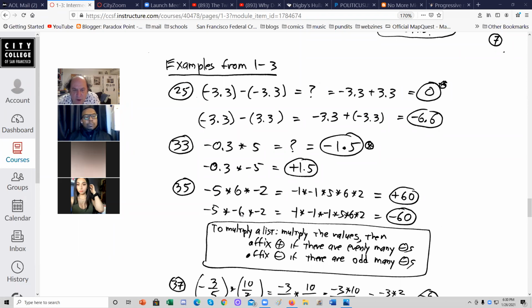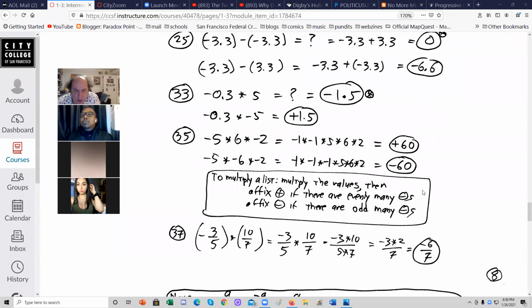Here, negative 5 times negative 6 times negative 2, that's 3, an odd number of negatives. And 5 times 6 times 2 is 60, so you get negative 60. So multiplication and also division of signed numbers goes by a parity rule. Plus, minus, plus, minus, plus, minus, and so on. She loves me, she loves me not.